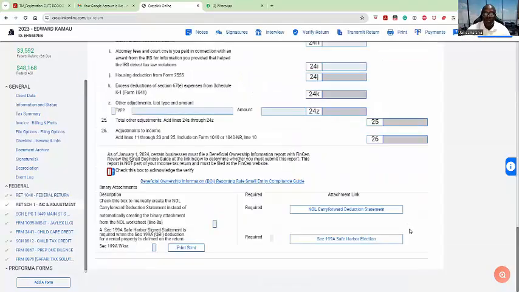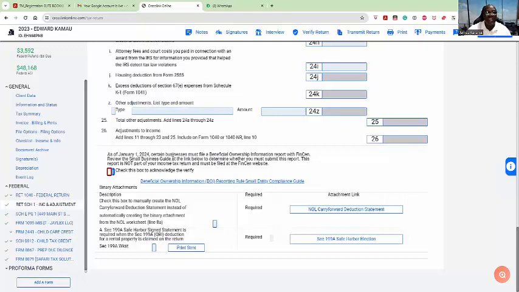Okay, let's see what that means. Beneficial ownership information required. There's a new one. Beneficial ownership information required. Reporting rule. Small entity compliance. Okay. To acknowledge the verify, you have to acknowledge the beneficial ownership information report from FinCEN.